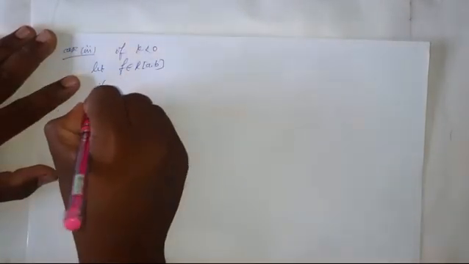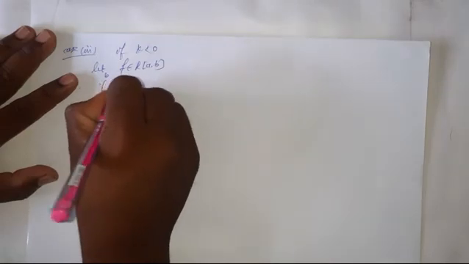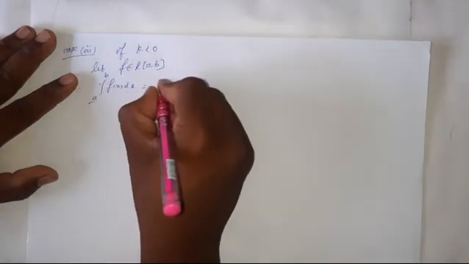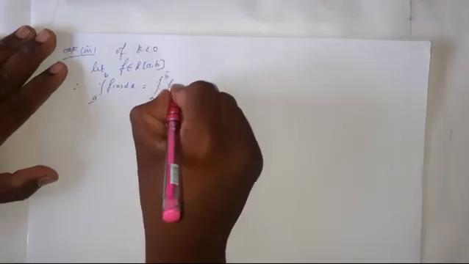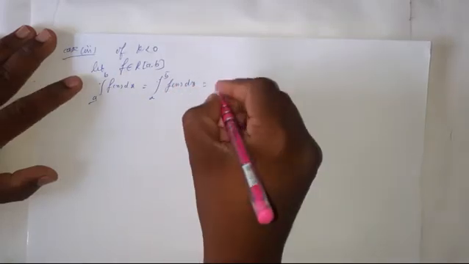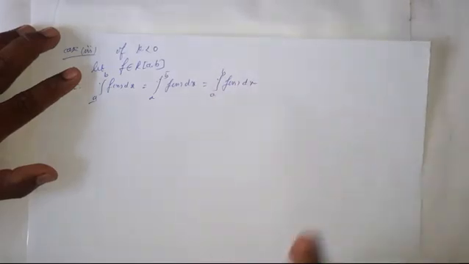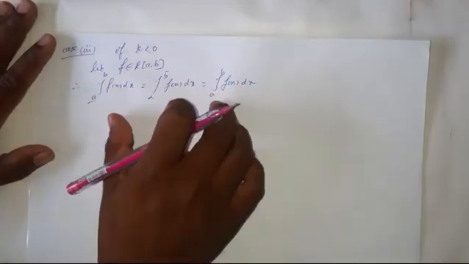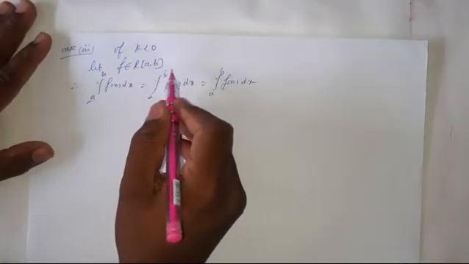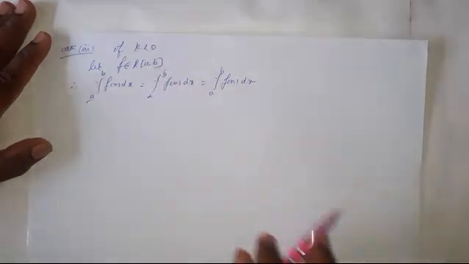So therefore we can write that bar a to b f of x dx is equal to integration over a to b bar f of x dx is equal to integration over a to b f of x dx. This is because f is a Riemann integrable function in this interval ab.